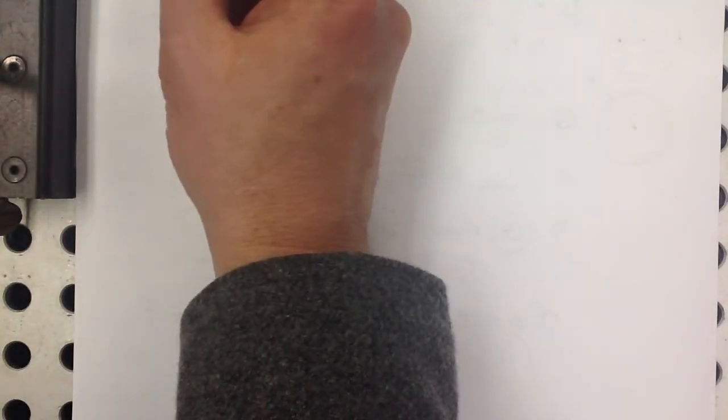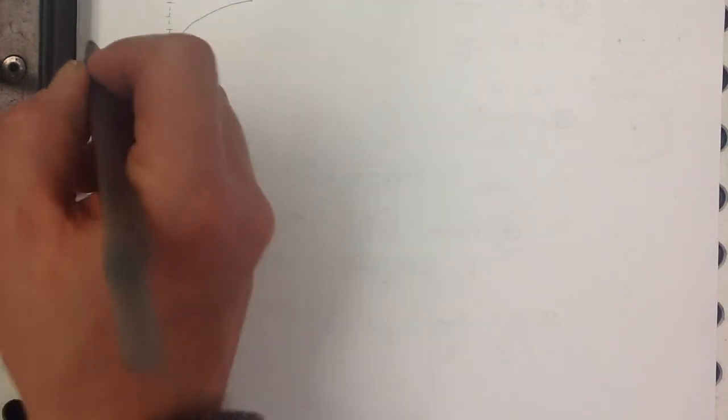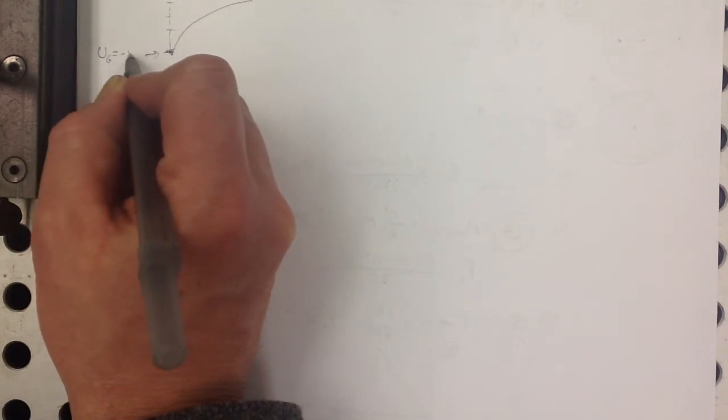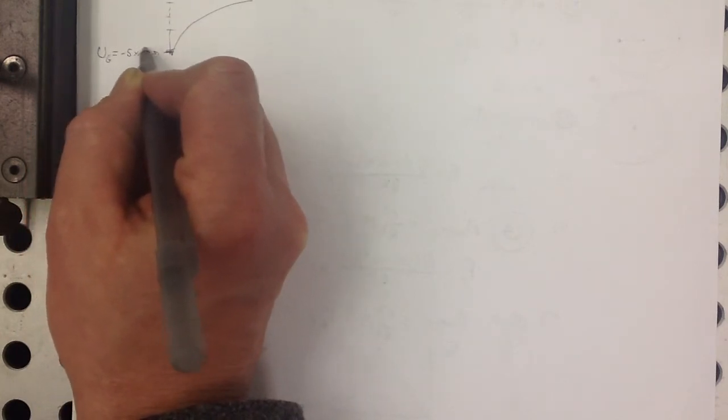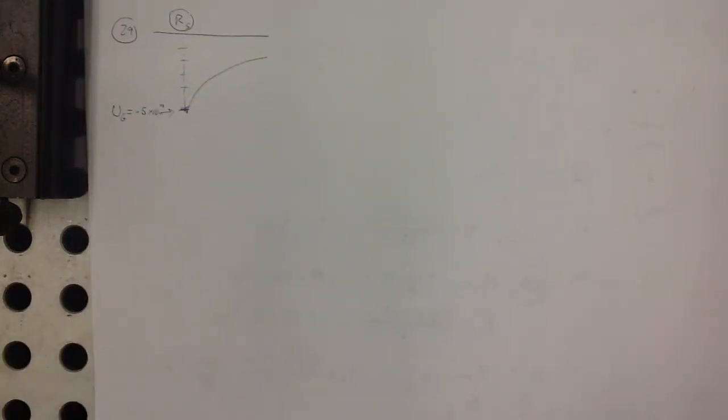So this is the potential energy function of the projectile, right? So what I'm going to notice here is that at the surface, the potential energy is -5 times 10 to the 9th joules, right? That is an important point on that graph right there.